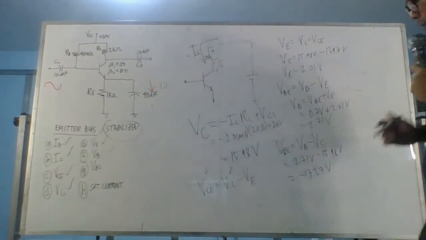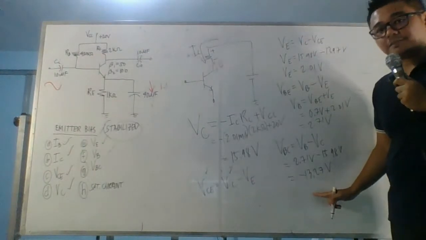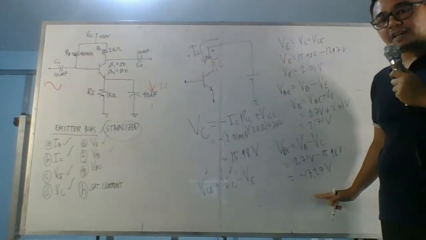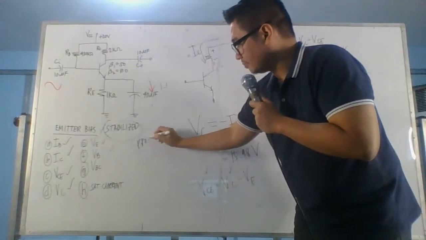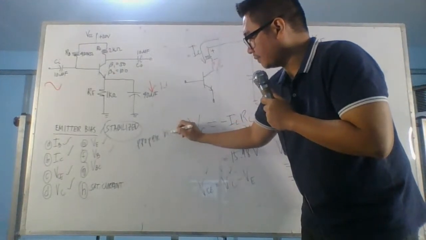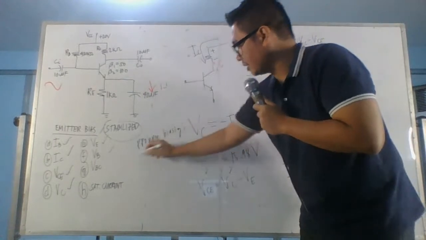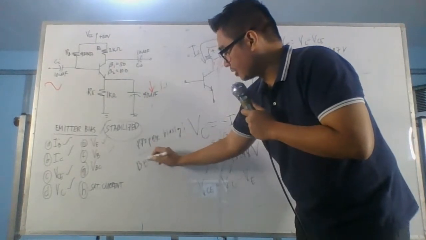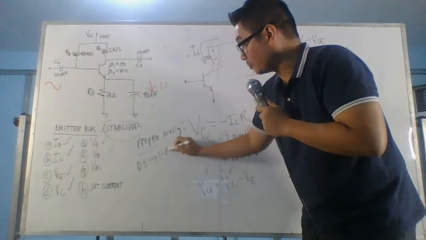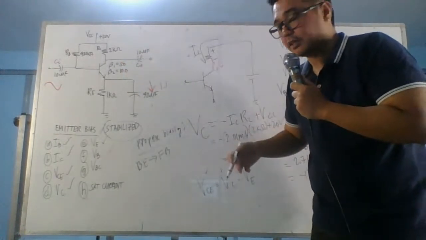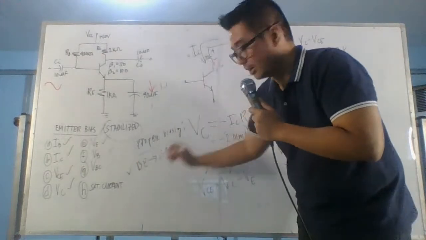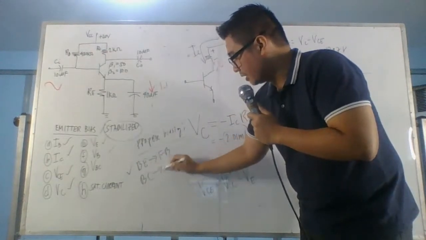Itong question ko dyan, tama ba yung value ng VBC? Remember, the proper biasing of an amplifier sa BJT natin, base emitter should be forward bias. So tama, kanina, di ba? Naka-forward bias yung base emitter, properly bias yung base emitter. Base collector should be reverse bias.